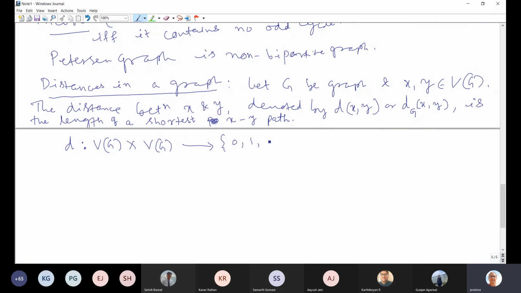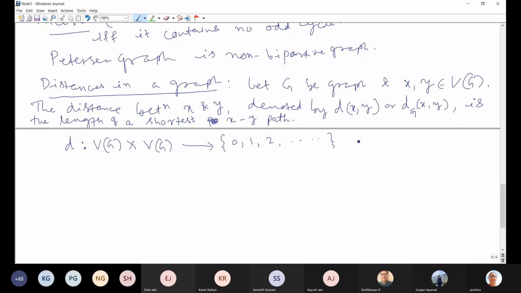This distance will always be a non-negative integer. The mapping operates on a pair of vertices, and its answer is a non-negative integer.